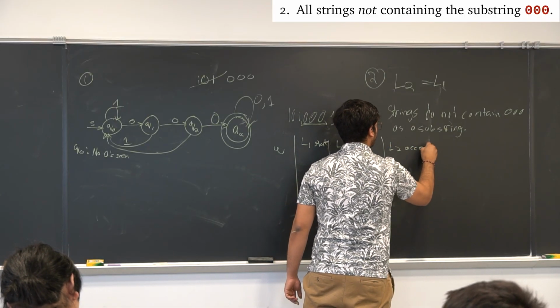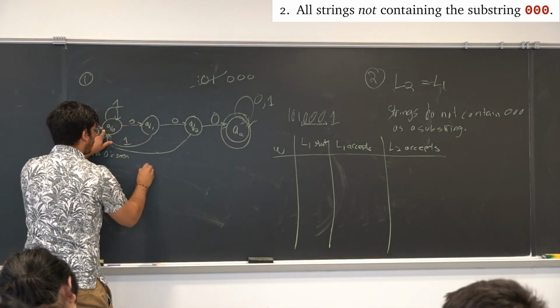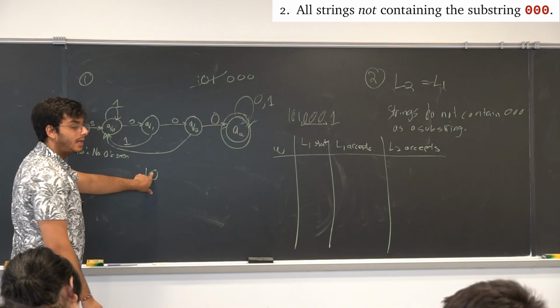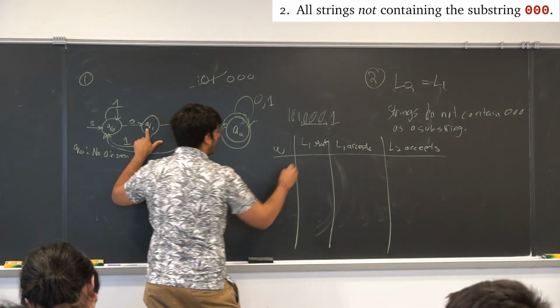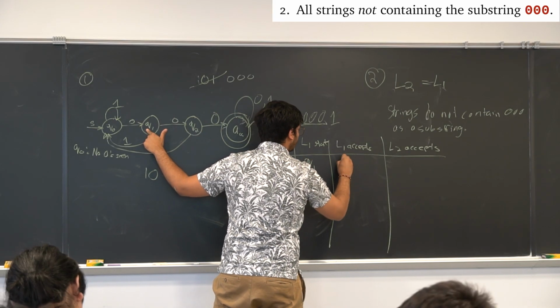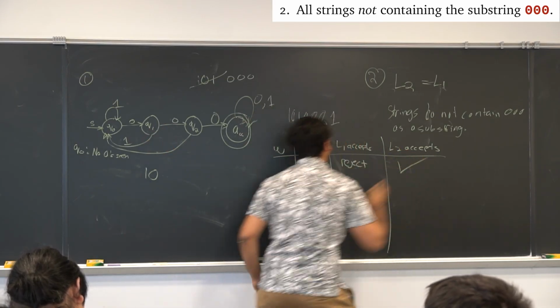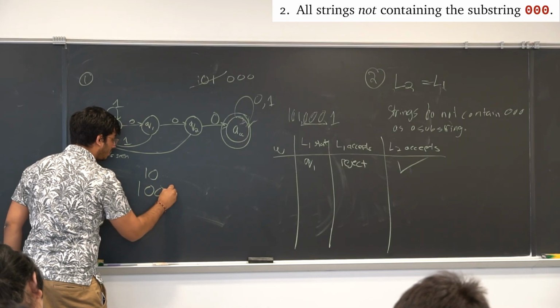Okay. So I have this table that I've drawn. So let's start tracing out the strings. So we take 1, 0. 1, 0 is not in the language that contains the substring 0, 0, 0. So I end up in state Q1. L1 rejects, but L2 accepts. Okay, I take the string 0, 1, 0, 0, 0, 1.